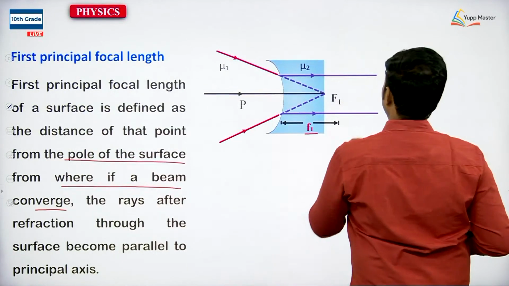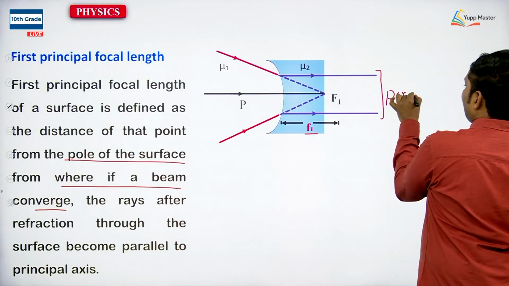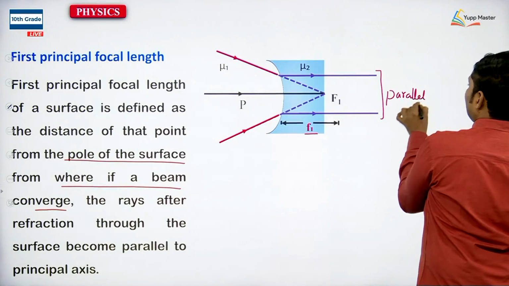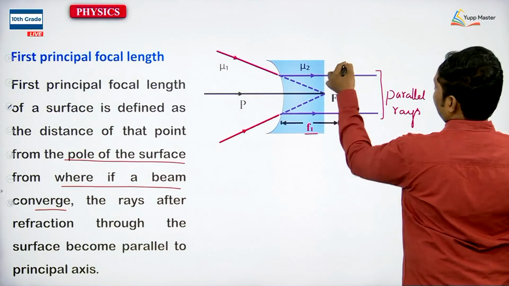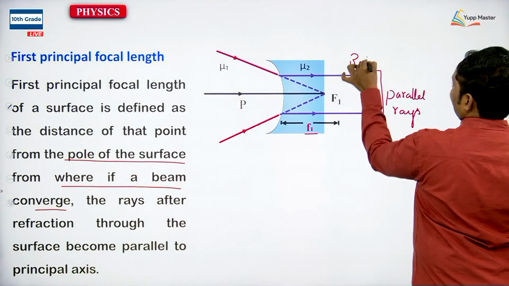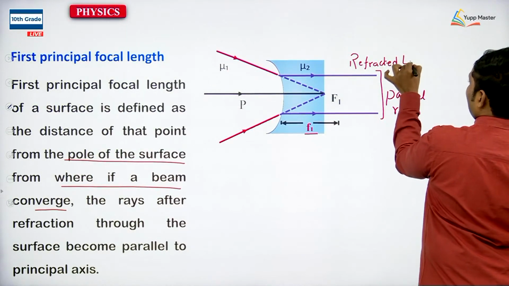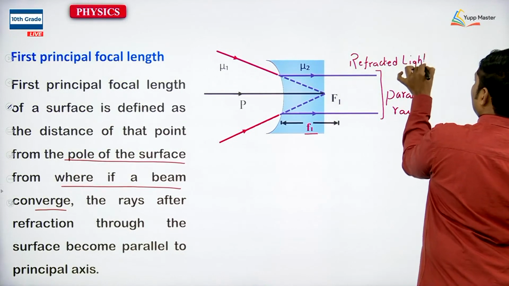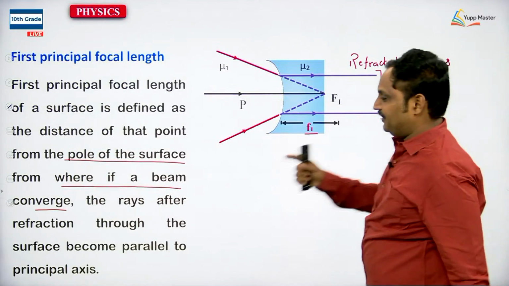These are the parallel rays and the refracted light rays. You can easily identify this one.